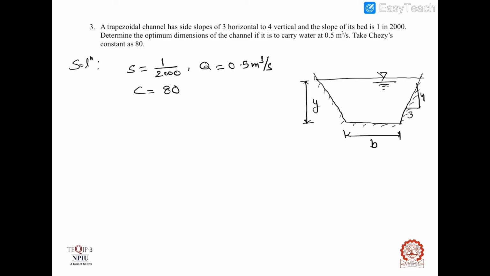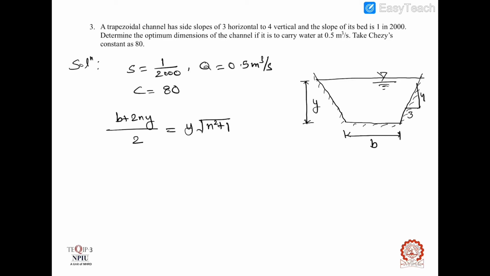And for a given side slope, what is the condition of most economical section of trapezoidal channel when we vary the depth of flow? That is half of the top width, (B plus 2nY) divided by 2, should be equal to one of the sloping side, that is Y root over n square plus 1, that we derived in previous lecture.